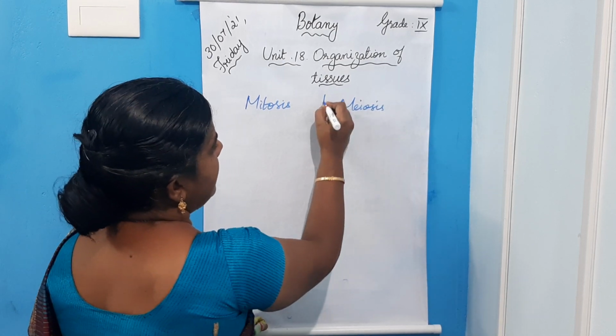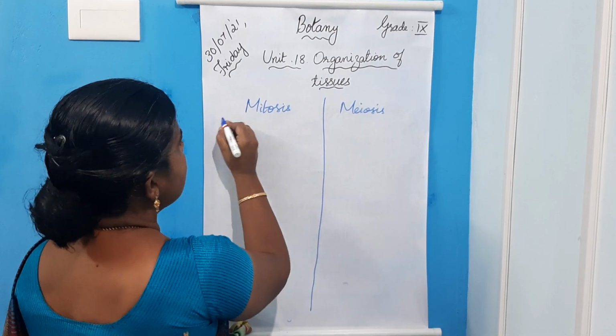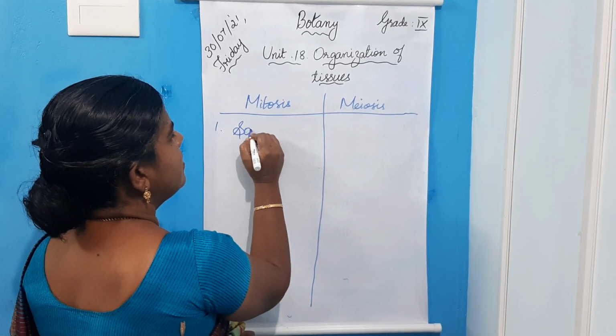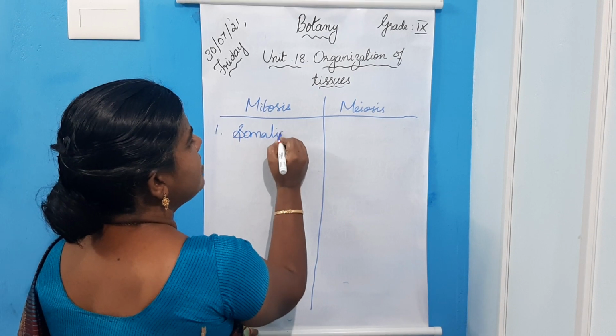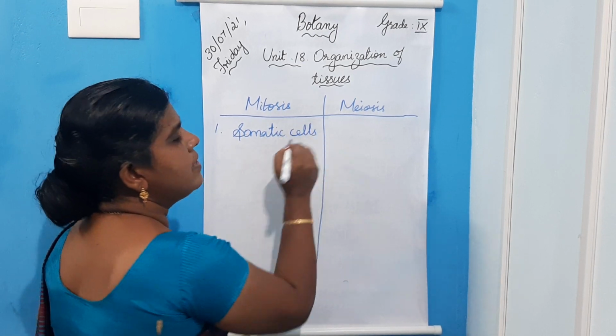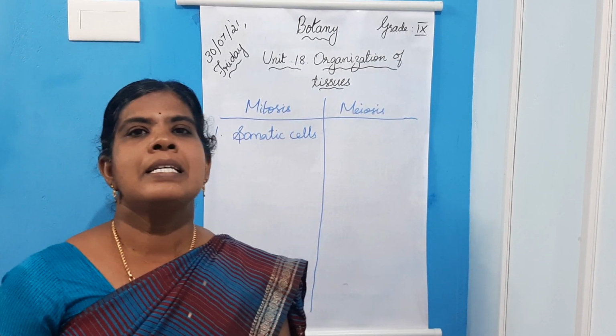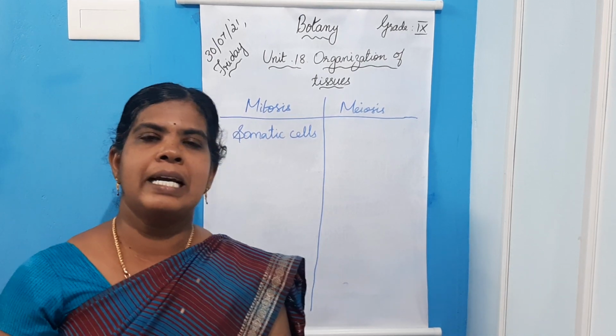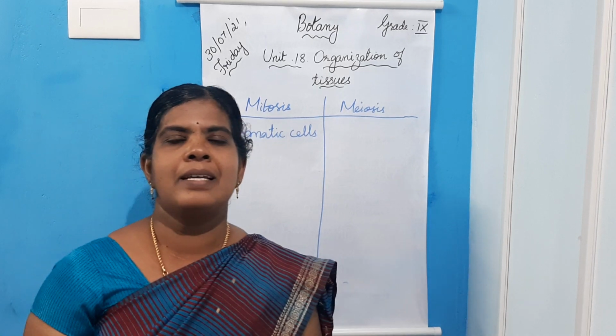First difference is that mitosis takes place in the somatic cells. Somatic means body cells.